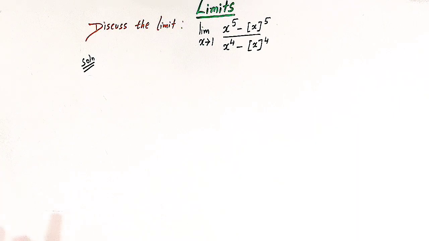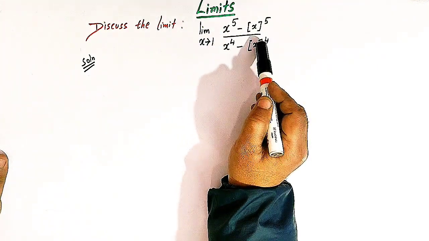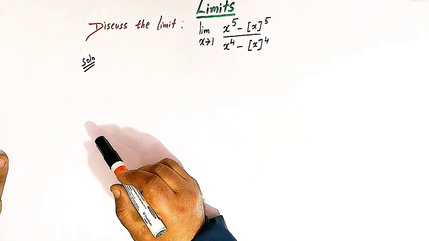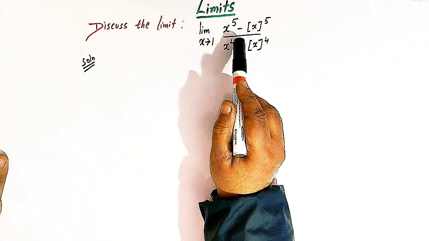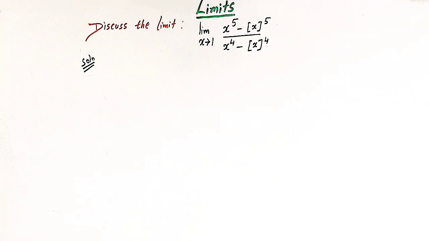So in this class we'll see whether the limit of this function involving the greatest integer function exists when x tends to 1 or not, right? So for the existence of limit of a function, we have to separately find out the right hand limit and the left hand limit, right?